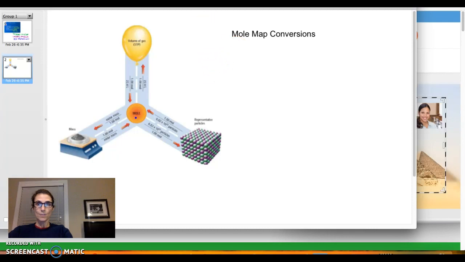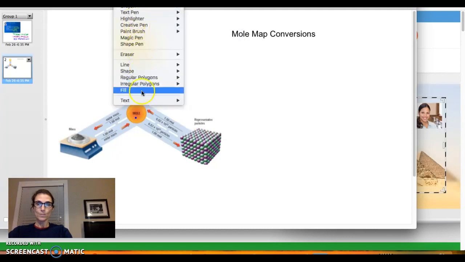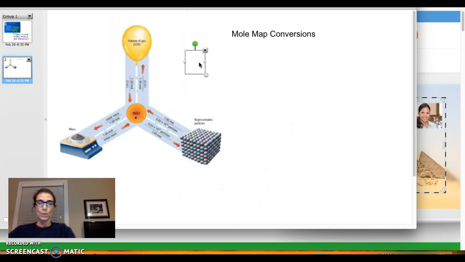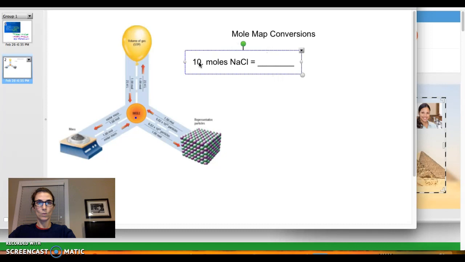So let's say you were asked to convert 10 moles of NaCl and we wanted to know how many formula units that was. This time we're going to abbreviate that just by writing FormU.